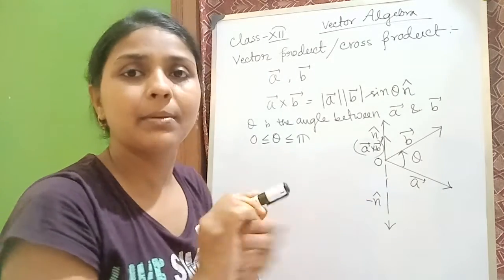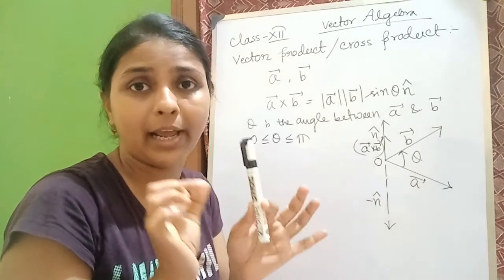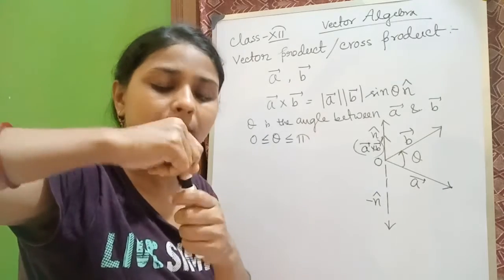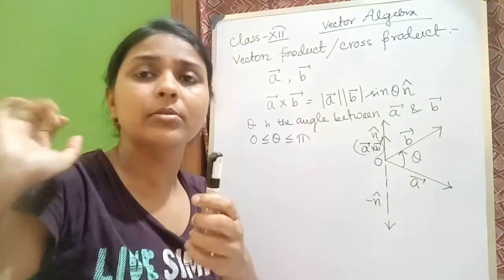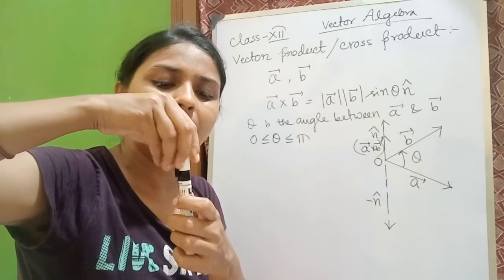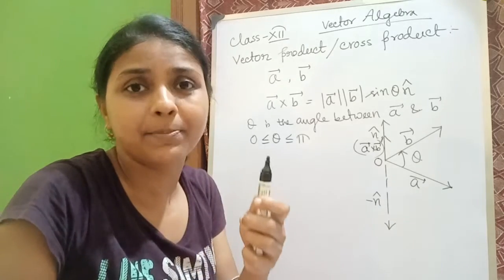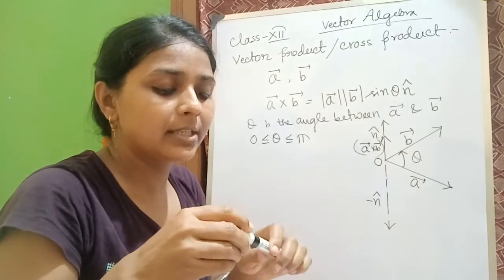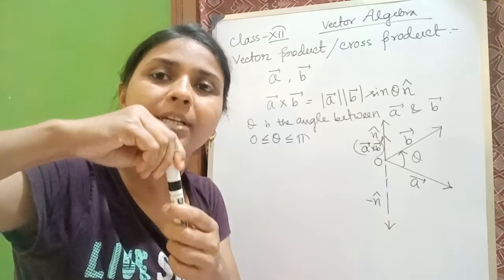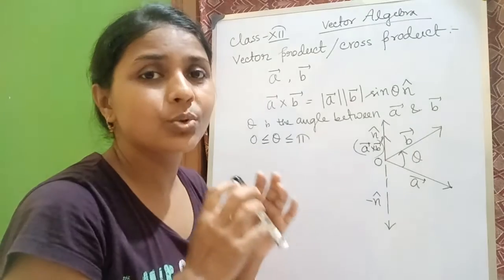I'm giving you one very simple example. I don't have a bottle here, so I'm just doing it like this. Suppose this is a screw system, or a normal bottle. If you turn it one way, the cap of the bottle should come out. And if you turn it the other way, the cap of the bottle should be tightened. So this is called a right-handed screw system.